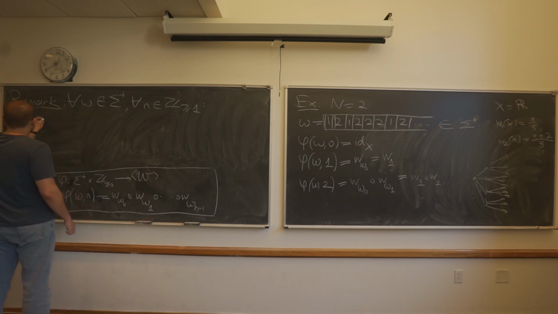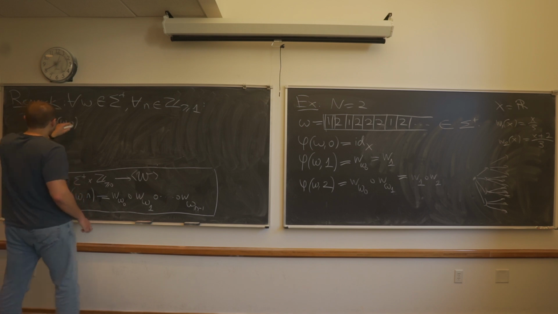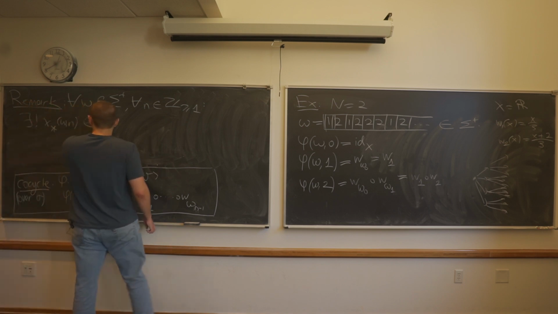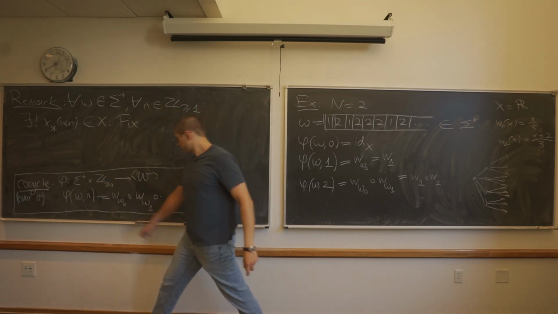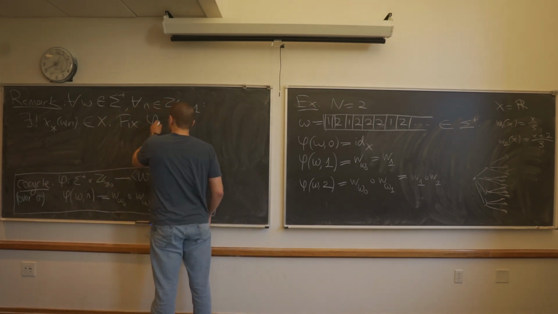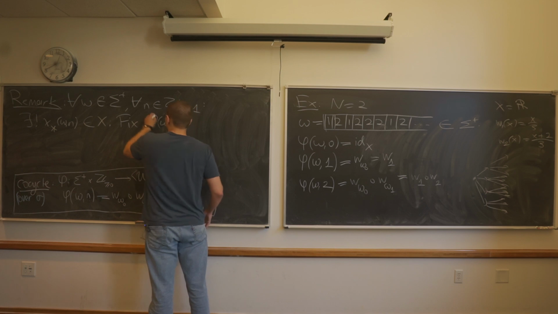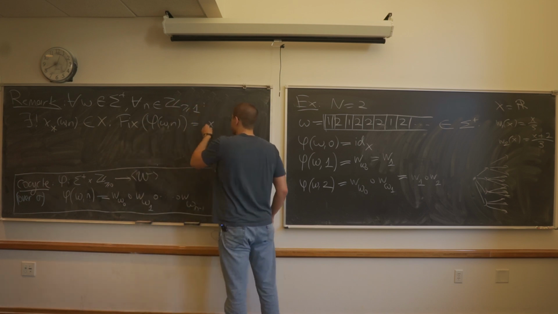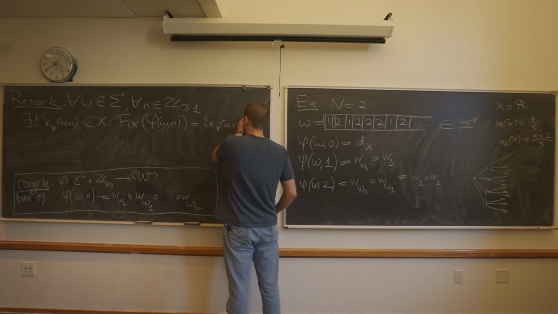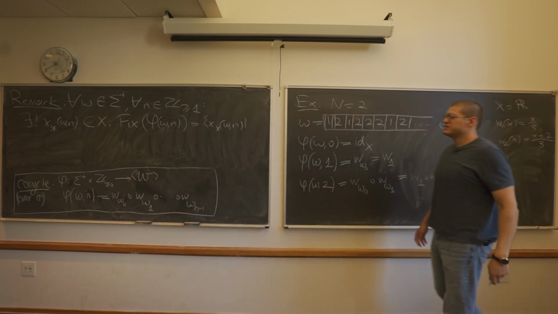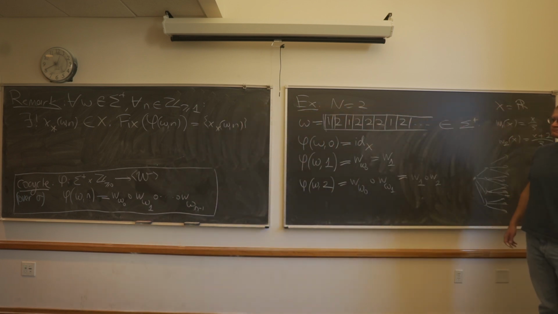There's a unique point x star that depends on omega and n in X such that the set of fixed points of this function is x star of omega n. This is immediately from the Banach contraction principle.